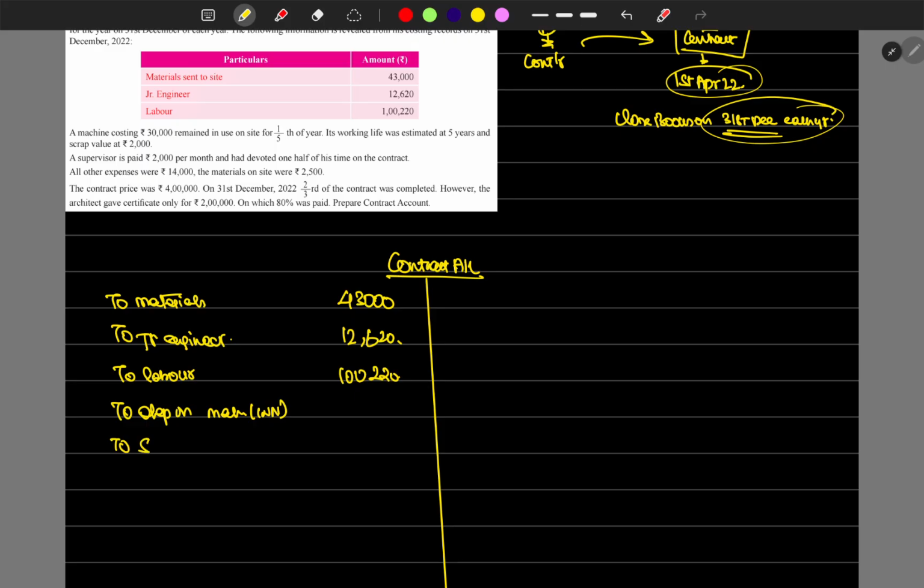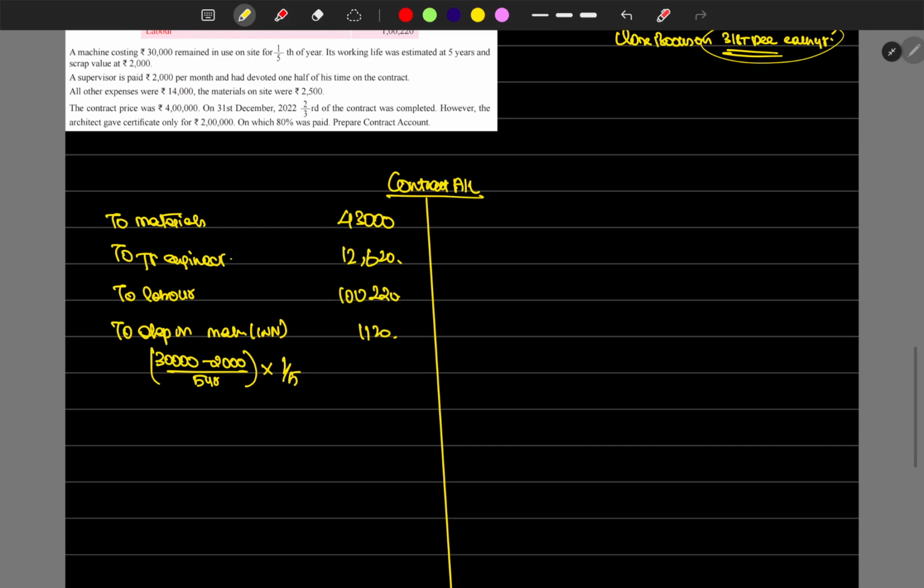We will find out the depreciation value here itself. 30,000 is the machine cost, 2,000 is the scrap value, divided by the useful life of 5 years, and 1/5 is the actual usage. So 30,000 minus 2,000, divided by 5, into 1/5, which is 1,120 is the depreciation.